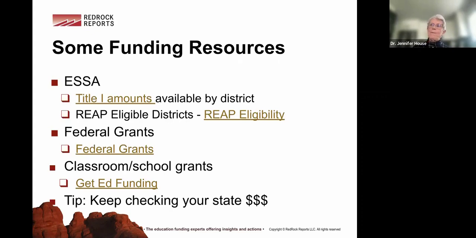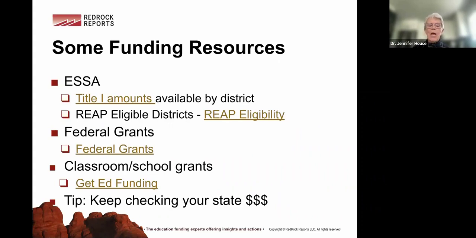I came from a district in California that had a high amount of migrant workers for agriculture. So we not only got money from education, but we also got a great deal of money from agriculture. So never think that it's just education money coming from the federal government.